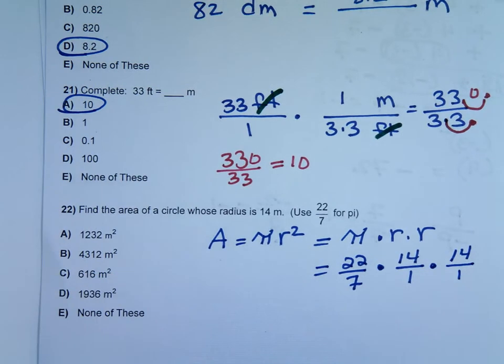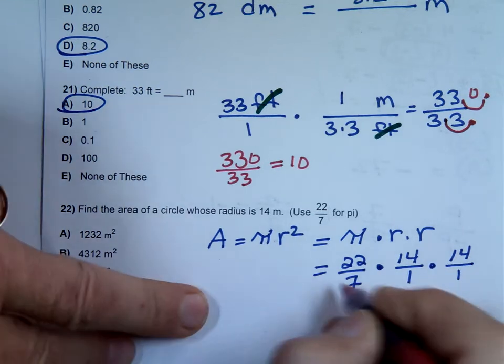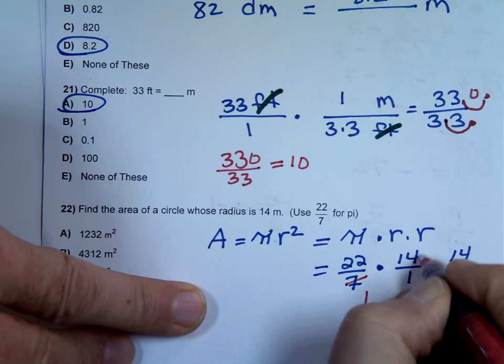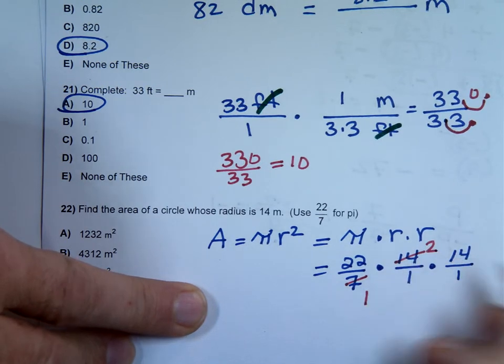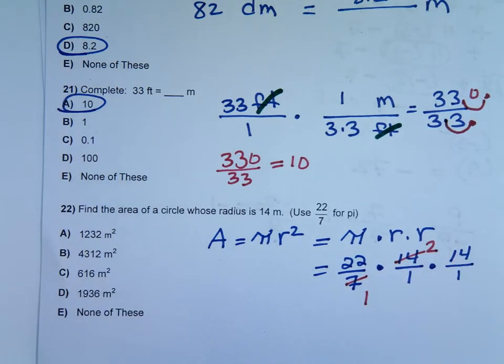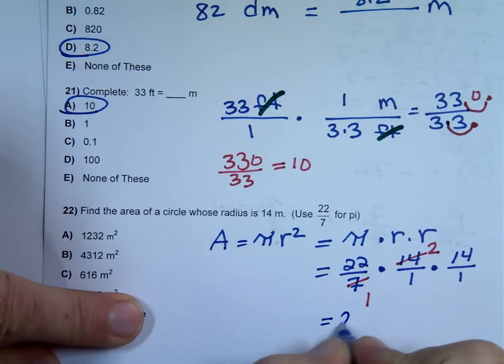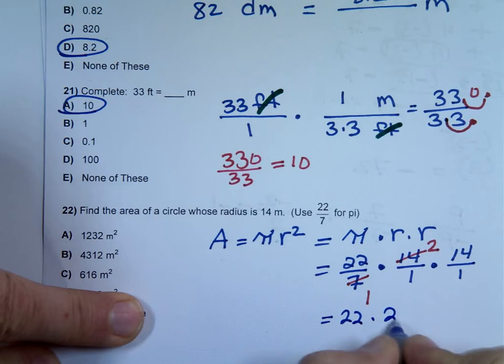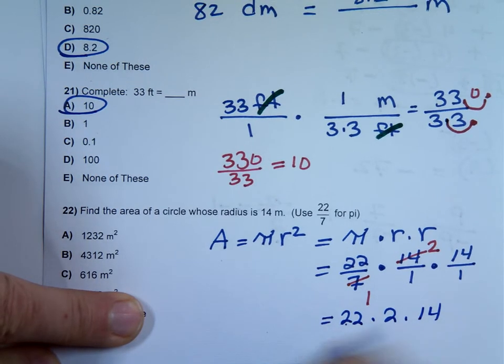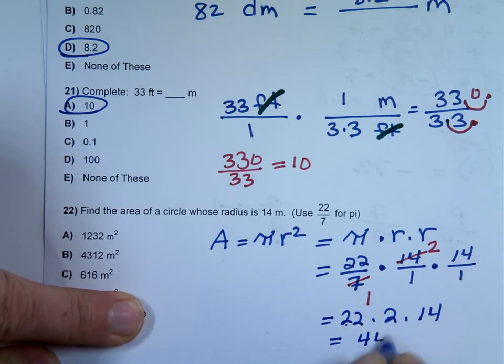And now you want to multiply these numbers. Well, before you multiply them, I can simplify first. By 7, this is what? 1. By 7, this is 2. So the answer is 22 times 2 times 14. 22 times 2 is 44 times the 14.